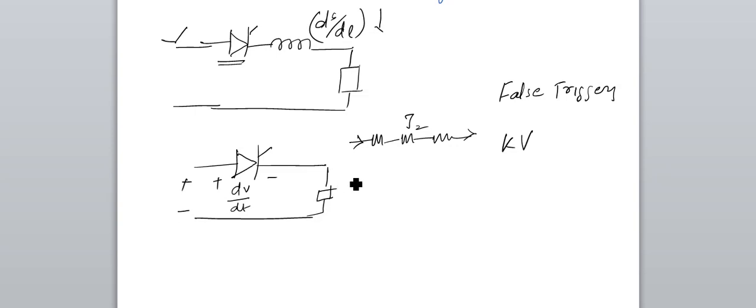So you are actually connecting a load, suppose there is an inductor. So this is an inductor you are connecting, and what happens to the inductor during the charging process, when the current is flowing across it?